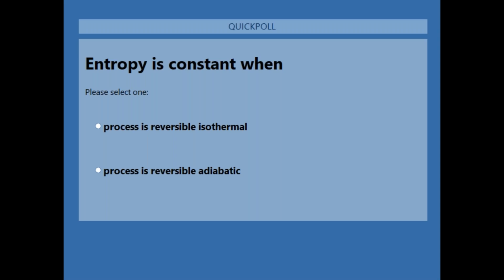If there is an isothermal heat transfer to the system, as in the case of the Carnot engine, then because along with the heat flows the entropy, the entropy of the working fluid would increase.